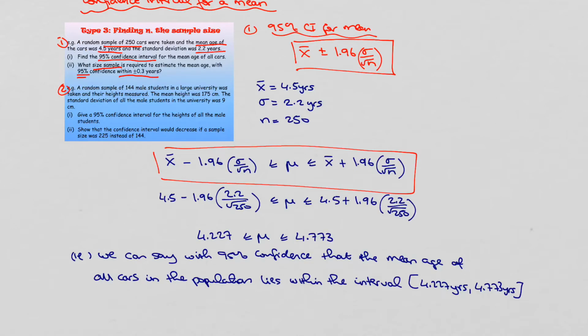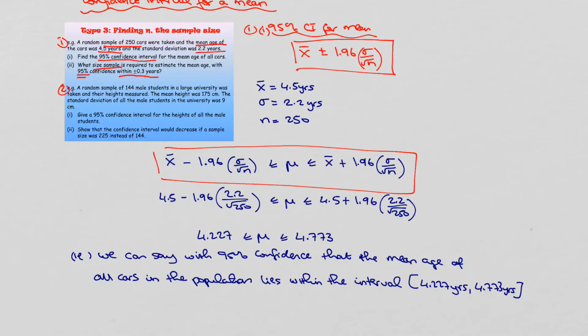Okay, so let's look at part 2 of the question. Let me just go back. Just label this part 1. So what are we given? We're given the plus or minus, within plus or minus 0.3 years. So that's basically our margin of error. So the margin of error is E. And what is E?